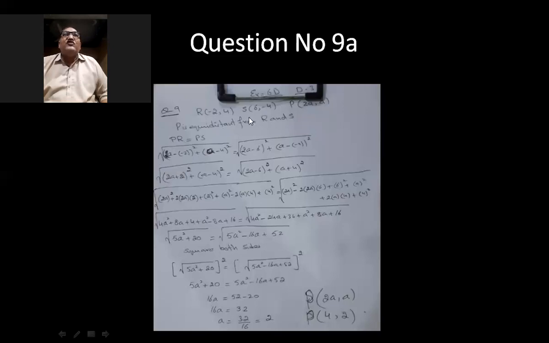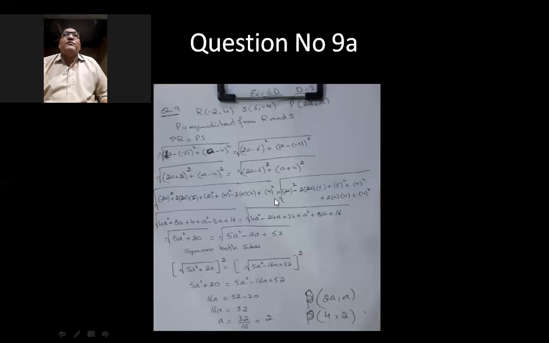So apply the distance formula on the PS. So you will have 2a minus 6 whole square plus a minus minus 4 whole square. So 2a minus minus will become plus. So you will have bracket 2a plus 2 bracket close whole square plus a minus 4 whole square equals to, this is 2a minus 6 whole square plus, this minus and minus will become plus.